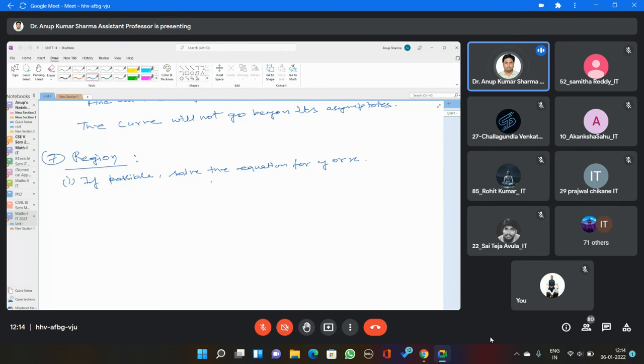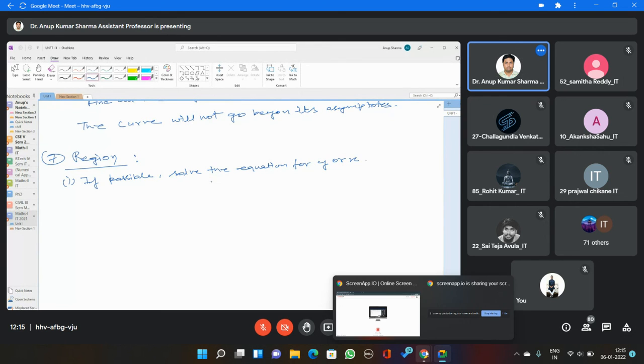Generally, x equal to 0, y equal to 0 is convenient. When we solve the equation for x and y, for some values of x and y to become infinity or 0 or something, by which we can trace the curve. Okay.